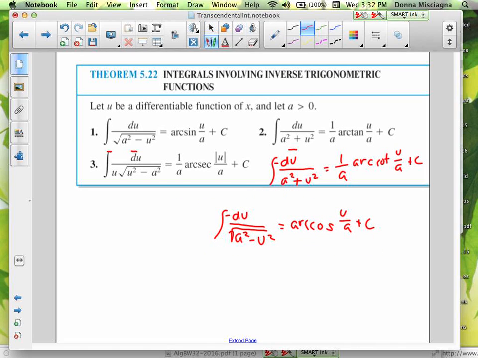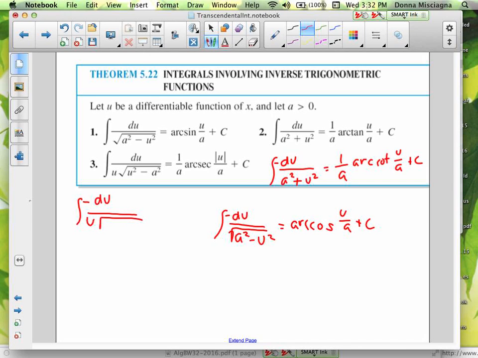And so then the last one would be arc cosecant. I was underlining, that's why. They're not negatives. All right, so then arc cosecant would be the same thing except negative.